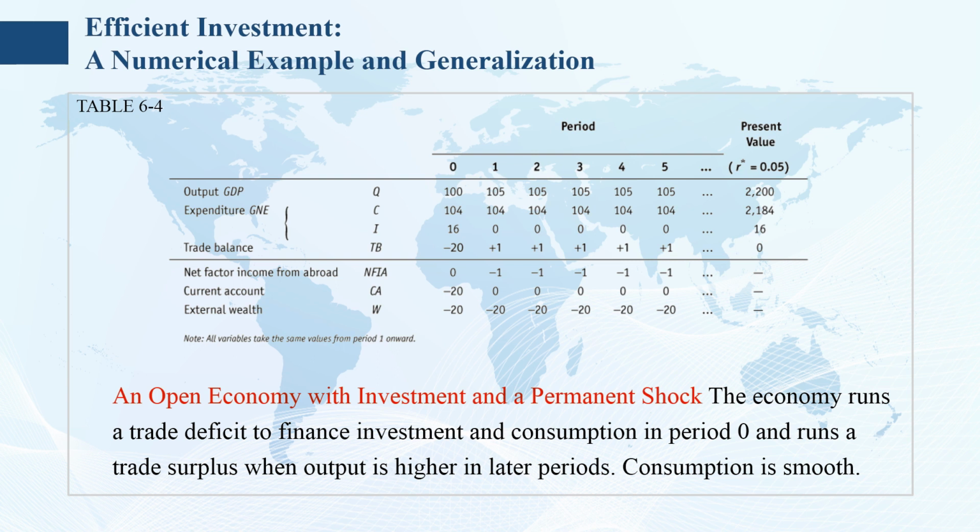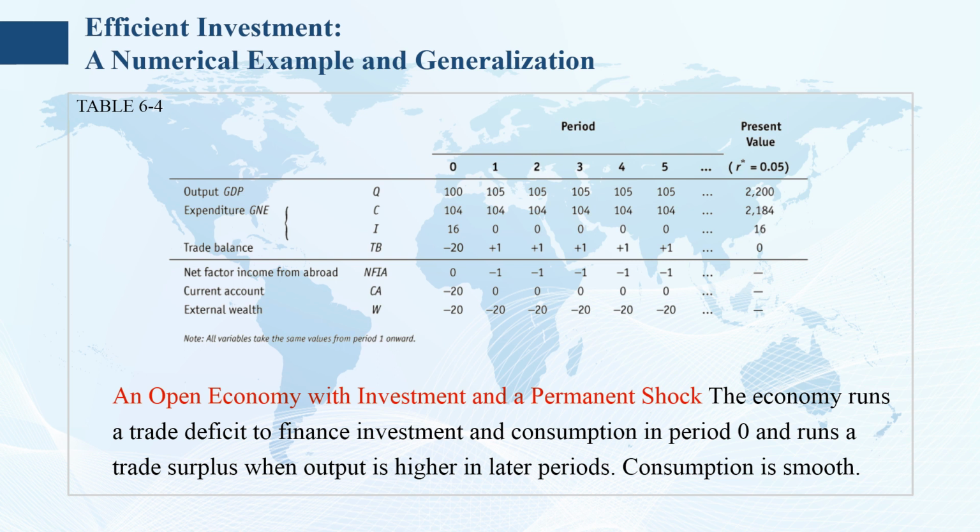Note that 104 plus 104 divided by 0.05 equals 2,184. Is the country better off if it makes the investment? Yes. Not only does its consumption remain smooth, but it is also 4% higher in all periods. Table 6-4 lays out the details of this case.